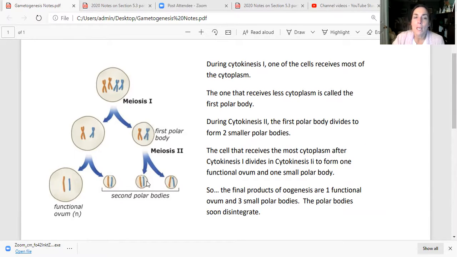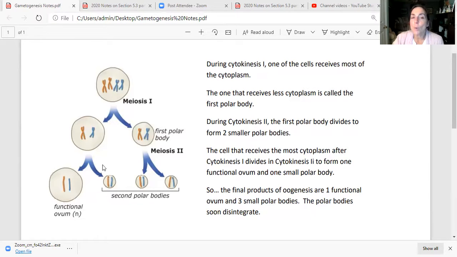Now, that other cell, the one that received most of the cytoplasm after cytokinesis 1, when it splits in cytokinesis 2, it's another uneven division of cytoplasm where one of the cells gets most of the cytoplasm again, and the other cell receives very little cytoplasm and is considered to be another polar body.